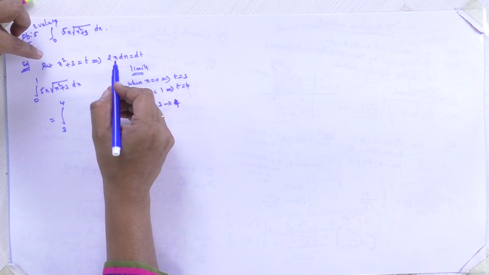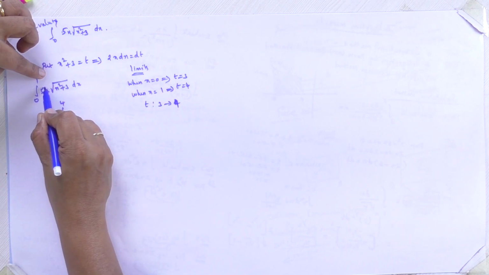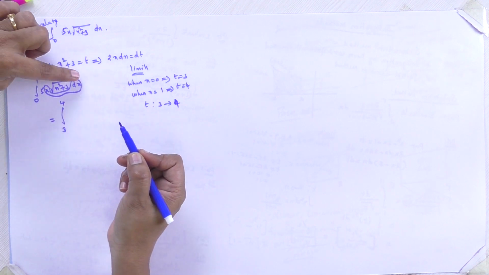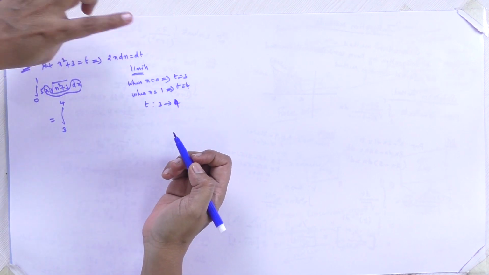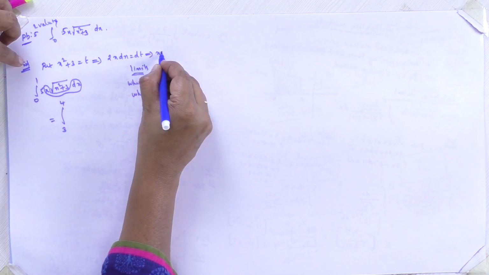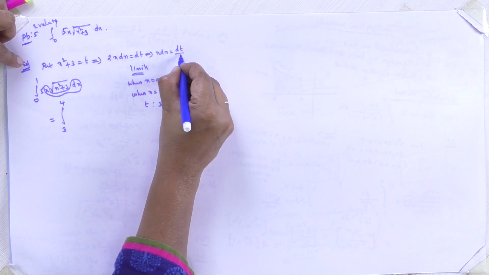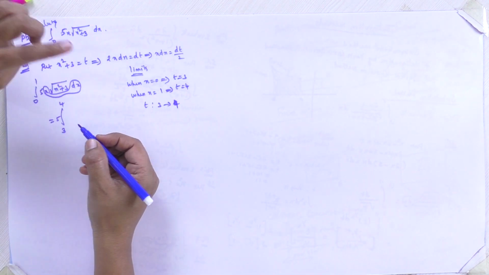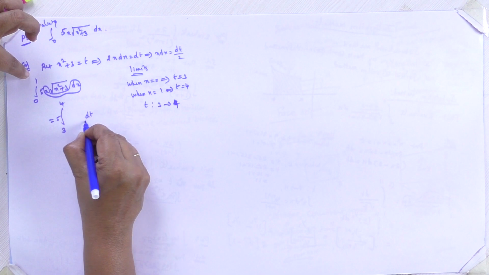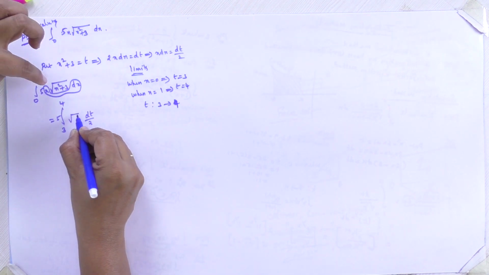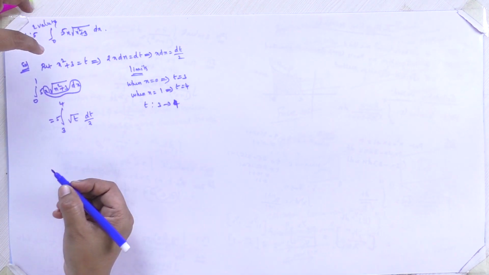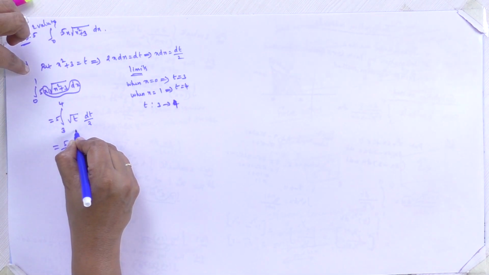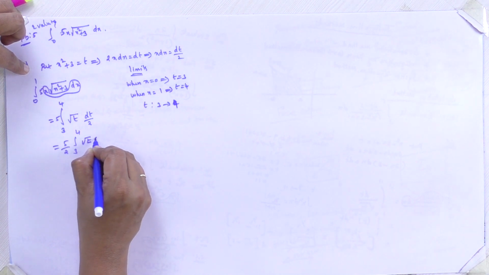Then see, we are having only x dx combination. So this implies only we want x into dx. We can write it as dt by 2. Instead of x dx, you take out this 5, this is a constant. So x dx can be replaced by dt divided by 2. This root of x square plus 3 is equal to root t. See, it is more simplified: 3 to 4 root t into dt.